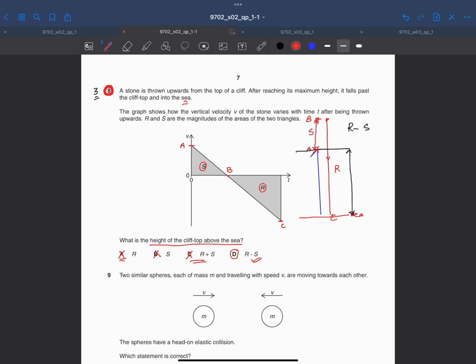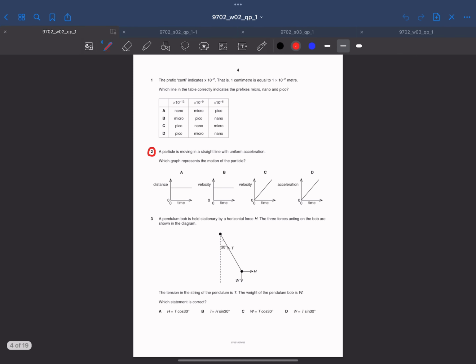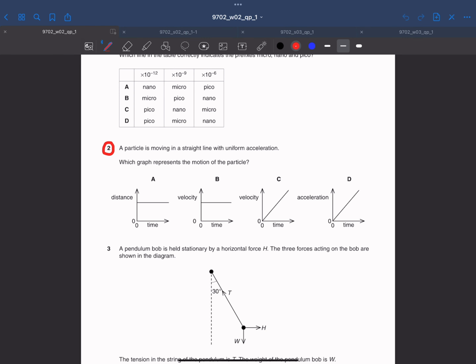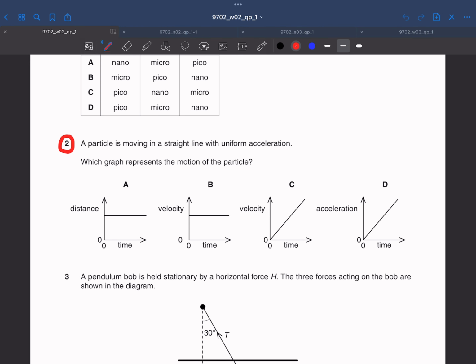Now we go to the paper of October November 2002. Here is our question from kinematics. A particle is moving in a straight line with uniform acceleration.